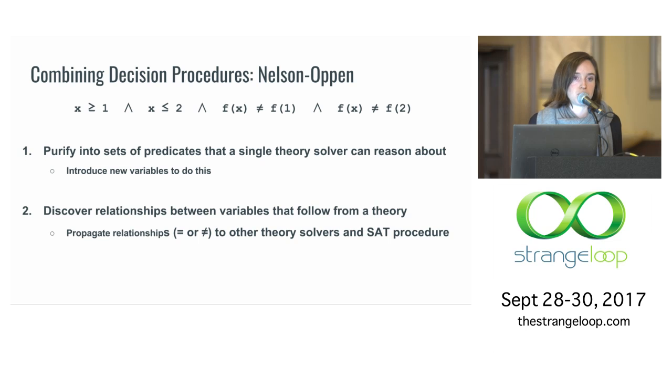To do this, we may need to introduce new variables so that the only shared symbols between our two sets of predicates are the variable names and equality, and no theory solver is left trying to reason about symbols that it doesn't understand. Second, once we've done that, we can discover relationships within the theory solvers between variables, and then propagate those relationships to the other theory solvers, and then back up to our SAT routine.